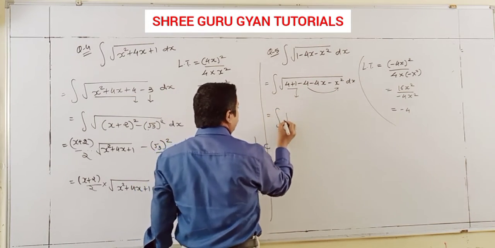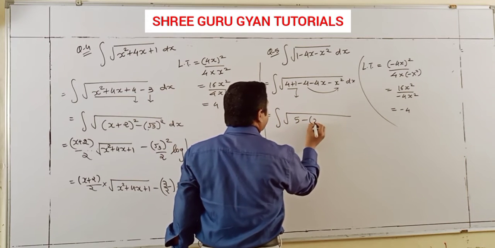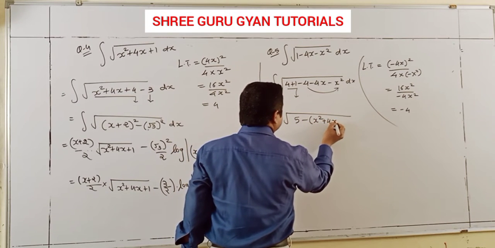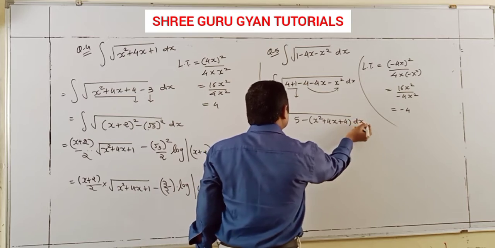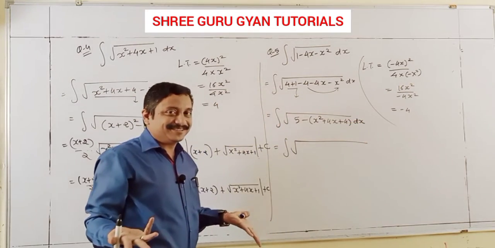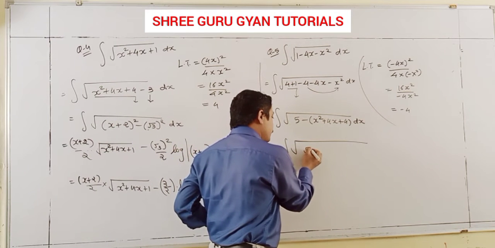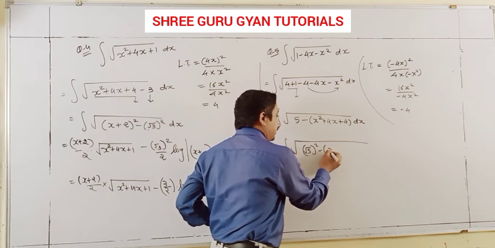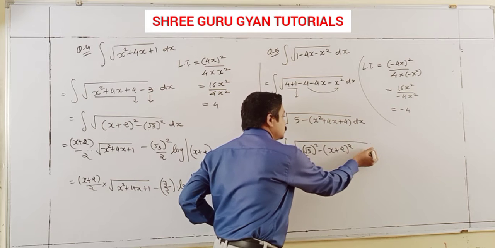So exactly you get the answer 5 minus x square plus 4x plus 4. So perfect square trinomial ready. It is root 5 square, students, and here x plus 2 square.